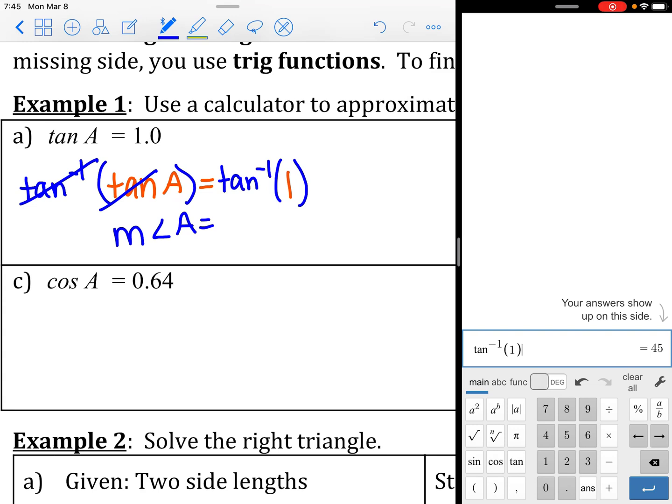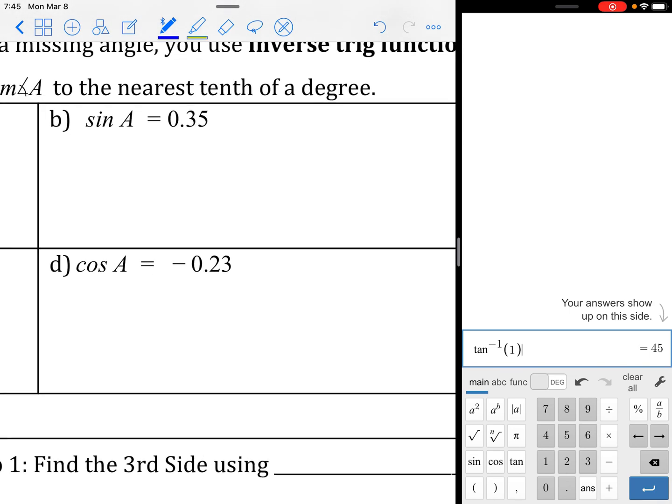I do make sure that my calculator is in degree by checking this toggle switch to make sure that it says DEG. So make sure that you're getting those numbers that make sense for degrees. So here, if the tangent of an angle is 1, then the measure of that angle is 45 degrees. So we use that inverse trig function to figure out what the measure of the angle is.